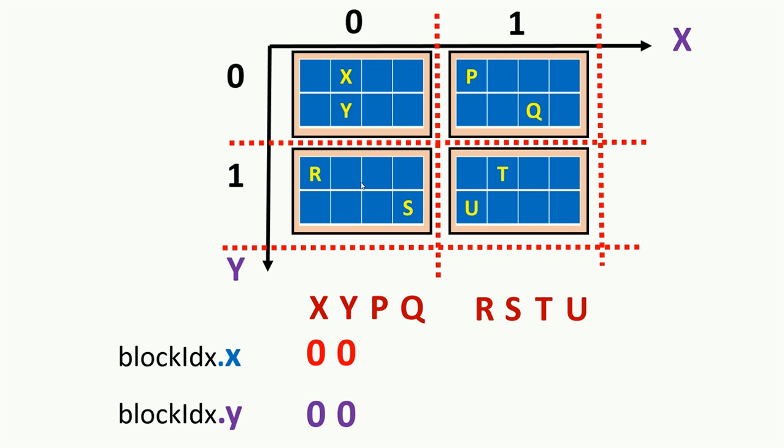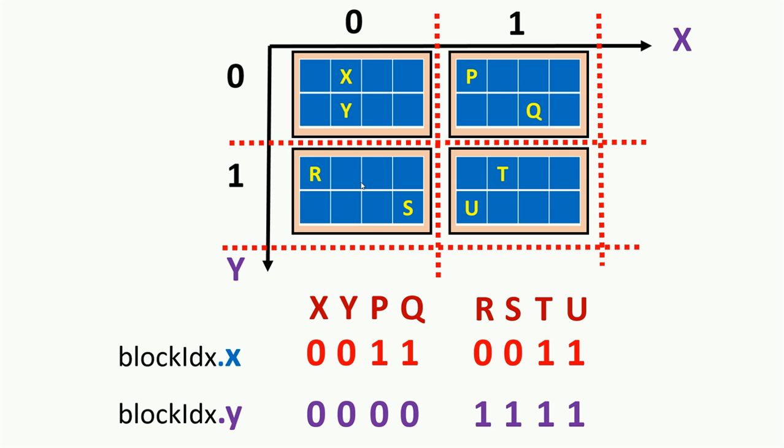For P and Q threads, blockIdx.x is 1 and blockIdx.y is 0. For R and S threads, blockIdx.x value is 0 and blockIdx.y value is 1. And for T and U threads, blockIdx.x is 1 and blockIdx.y is 1.